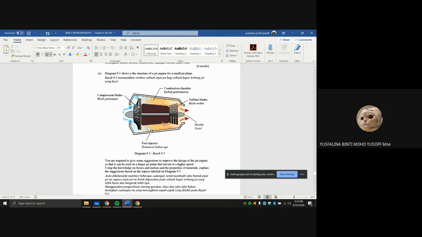The last one is to decrease the size of the nozzle to increase the velocity of the ejected gas. This is to increase the momentum. So when the momentum going to the right increases, of course the force produced to move the jet to the left will also be increased.